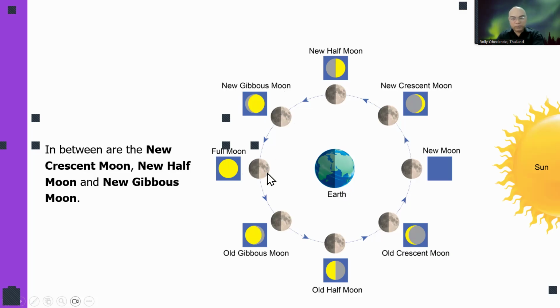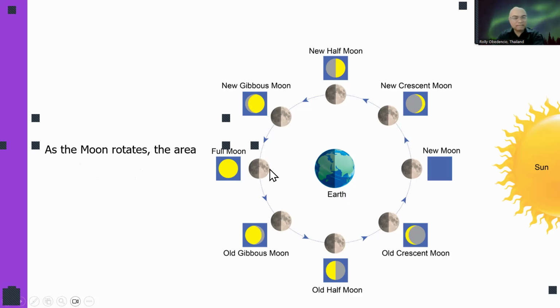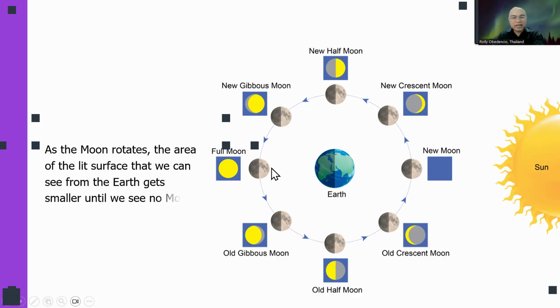But during the full moon, we see this really full, being lit by the sun. As the moon rotates, the area of the lit surface, what we can see from the earth, gets smaller again, until we see no moon.